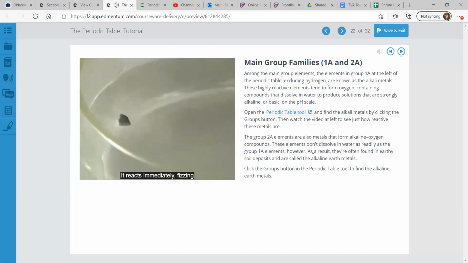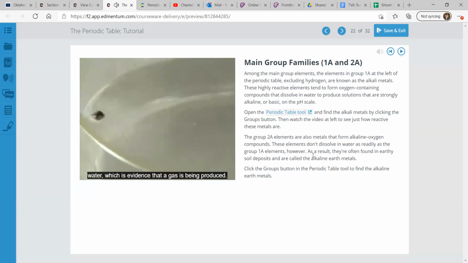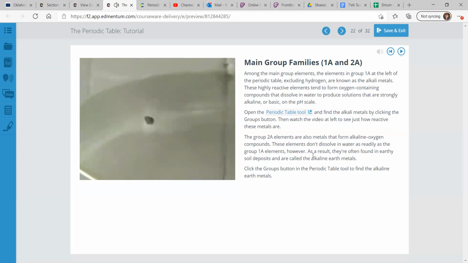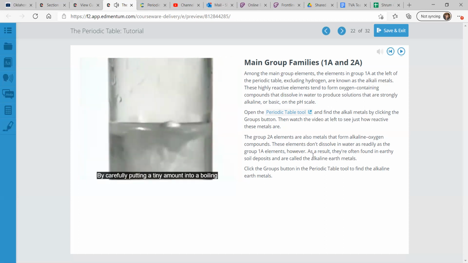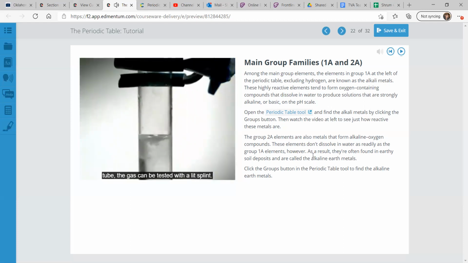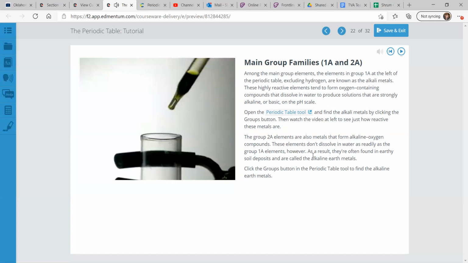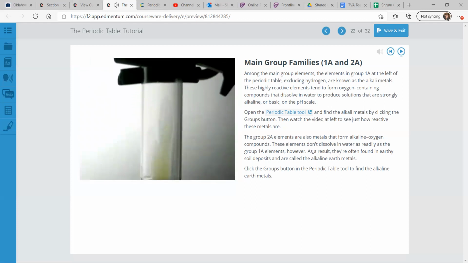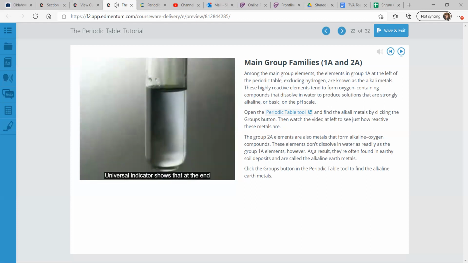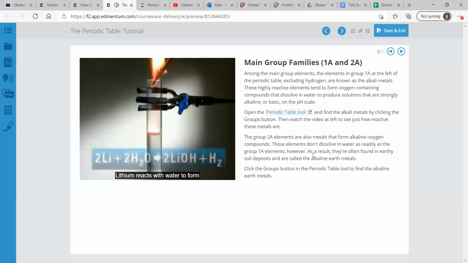It reacts immediately, fizzing and skating around on the water, which is evidence that a gas is being produced. By carefully putting a tiny amount into a boiling tube, the gas can be tested with a lit splint. A squeaky pop means it's hydrogen. Universal indicator shows that at the end of the reaction, the solution is alkaline. Lithium reacts with water to form lithium hydroxide and hydrogen.